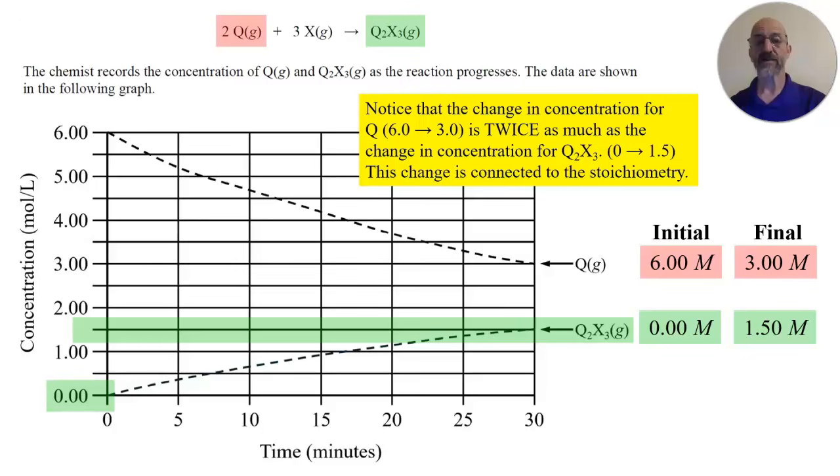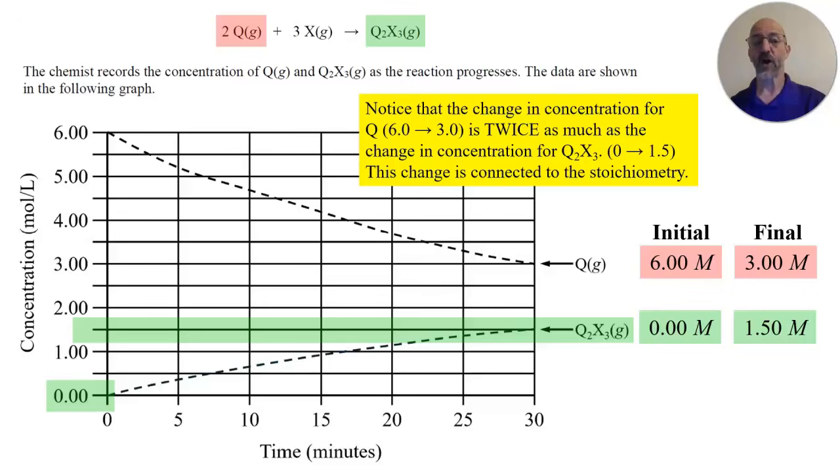It says, notice on this slide that the change in concentration for Q, from 6 to 3, so that's a change of 3, is twice as much as the change in concentration for Q2X3, which is a change of 1.5. So why is the change twice as much for Q compared to Q2X3? Because look at those coefficients.